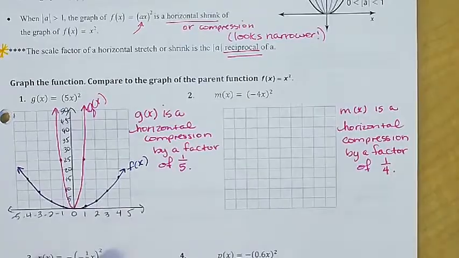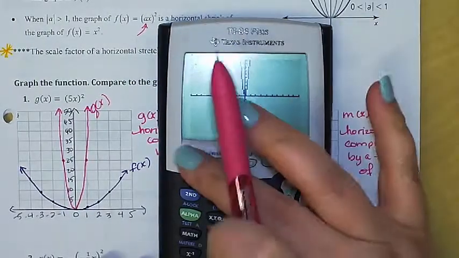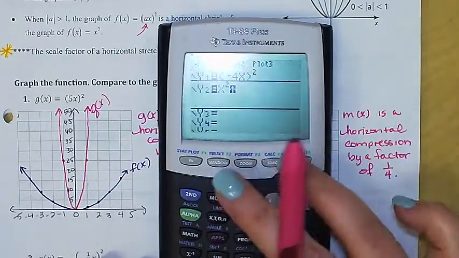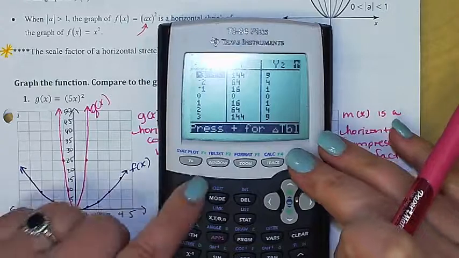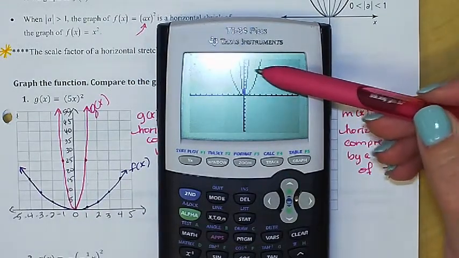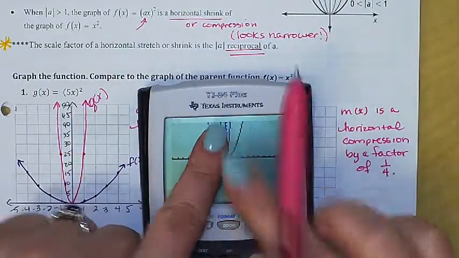And then if you graphed it, and again, I graphed it here, you can see, sure enough, it is positive, very narrow. If I compare that to the parent, you can see it's a lot narrower than the parent. Here's our parent, there's a new one. But I would be interpreting this from a horizontal point of view.